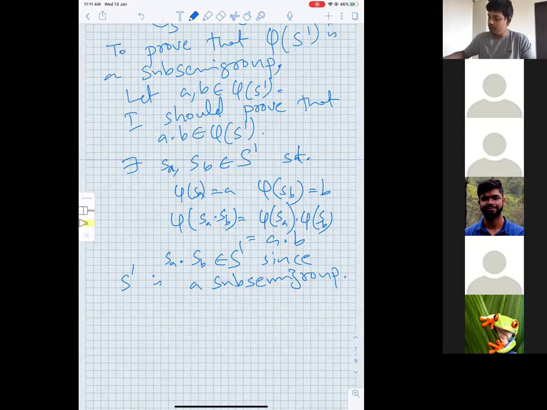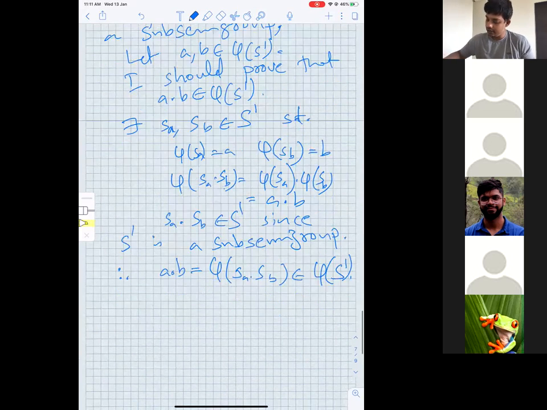So therefore, A dot B is equal to phi of SA dot SB, which is in phi of S prime. Okay. So this is how you prove that the subsemigroups are preserved under morphisms.